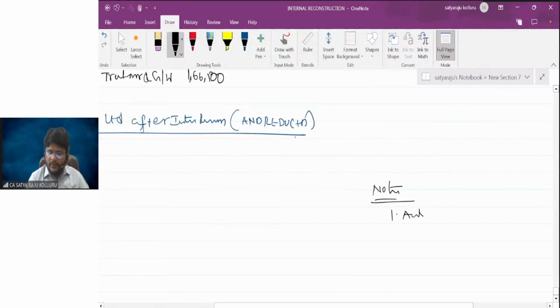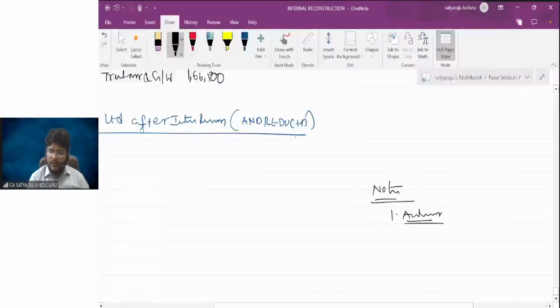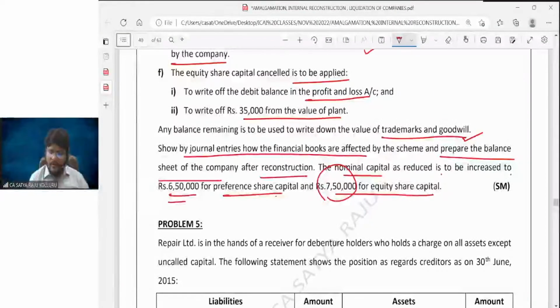Number one, authorized share capital. If you check at the end of the problem, it is clearly given that for equity shares 7,50,000. So 7,50,000 equity shares at the rate of 2.5 each. Am I right? No, this is not the number of shares, guys.